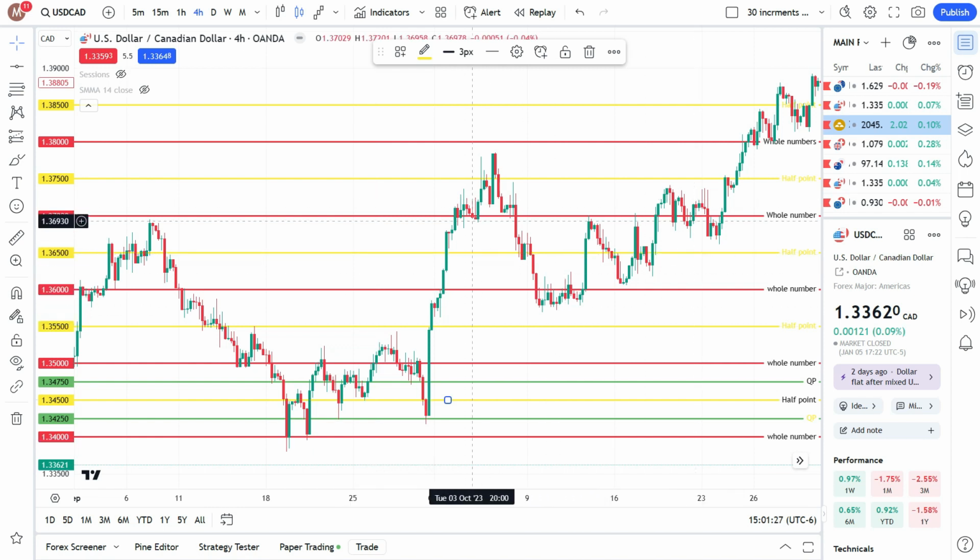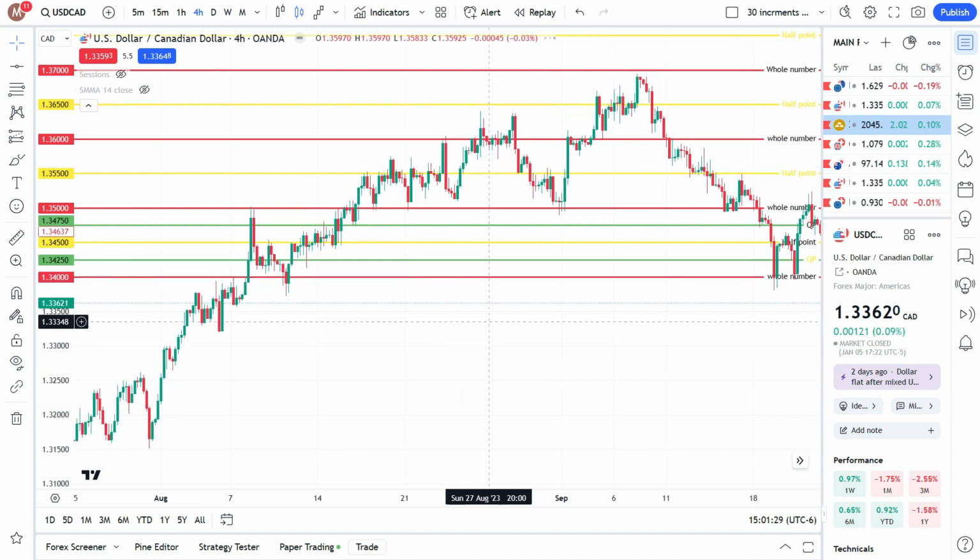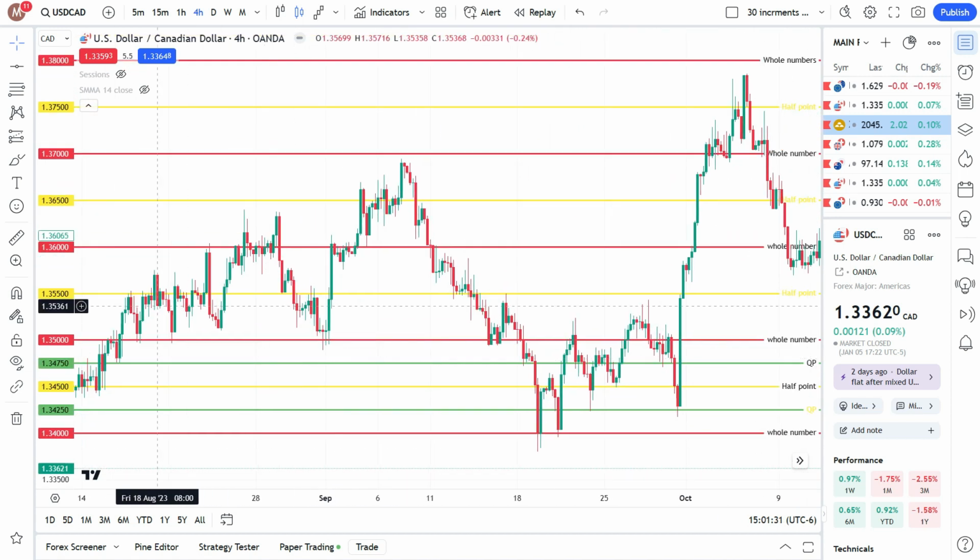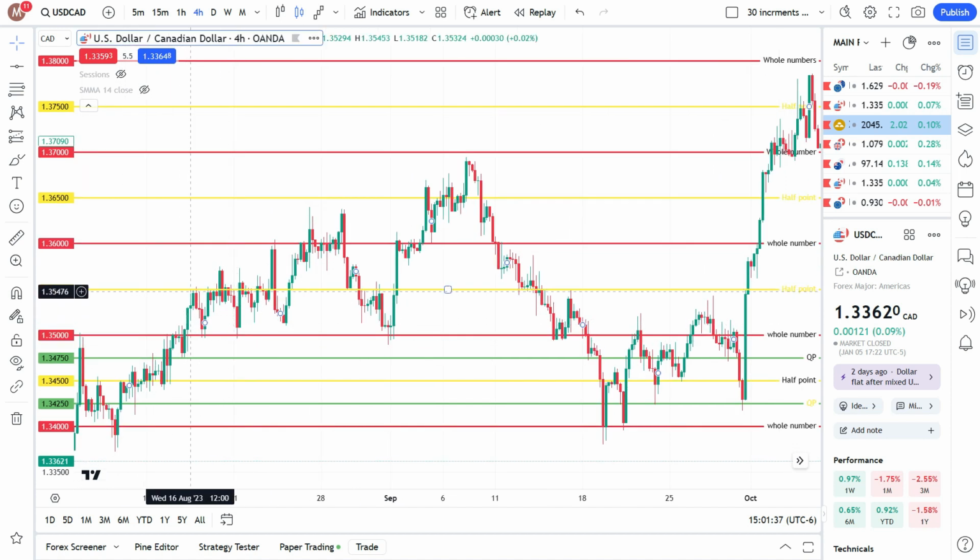And for half points, you can find hesitation areas as well. When price was at a half point right here, 135.500, that's a hesitation area. So when price first got to this area, you could expect some kind of pullback, because it's a hesitation area. That's why it was hesitating to even go past the half point.